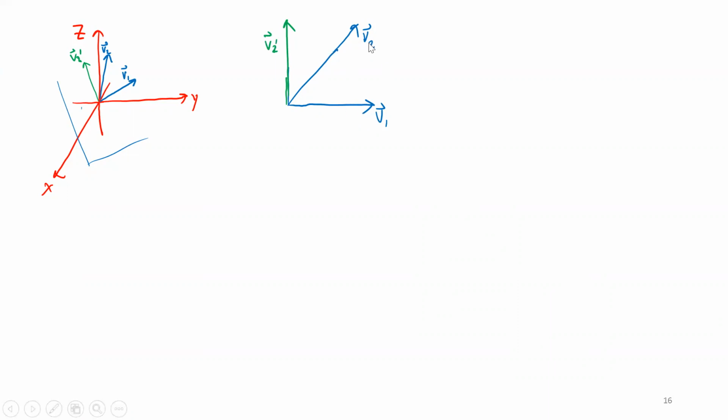V1 is known, V2 is known. I want to get V2 prime such that V1 and V2 prime form an orthogonal set.